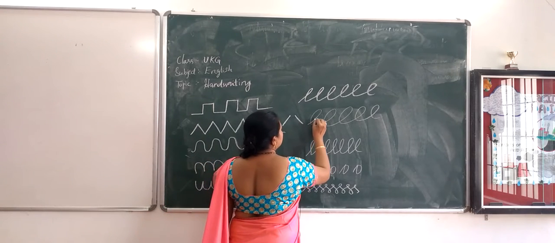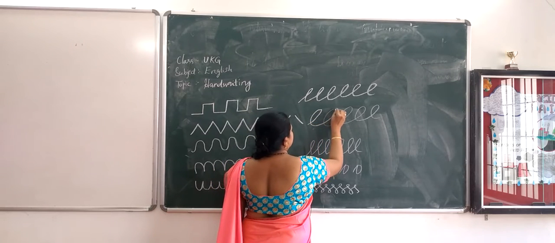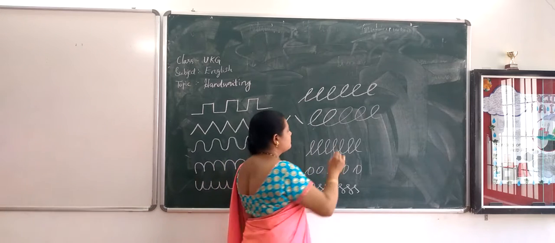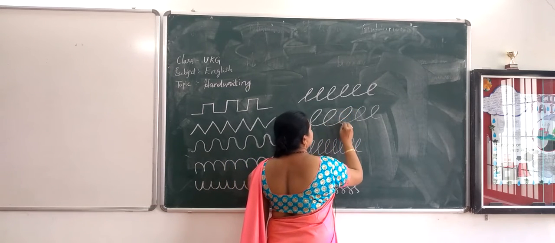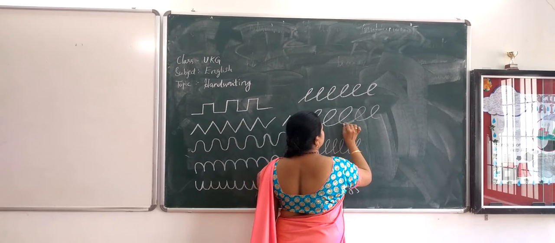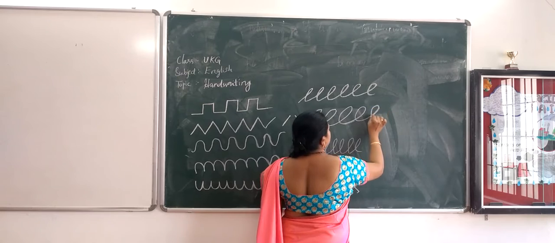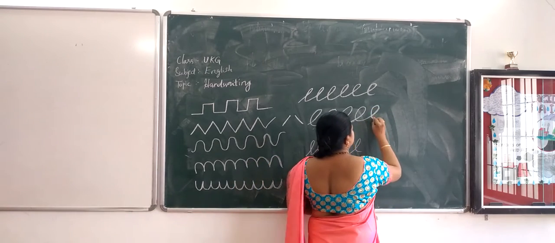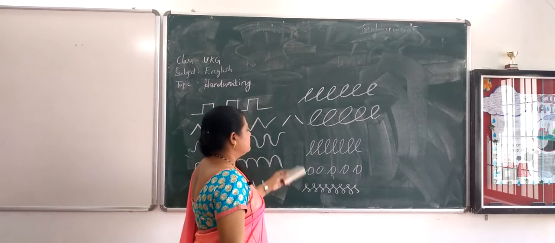This is a bigger looped pattern, right? See, here the loop is big. When you have some threads or some ropes, you will find this loop, right? Similarly, this is one of the patterns.